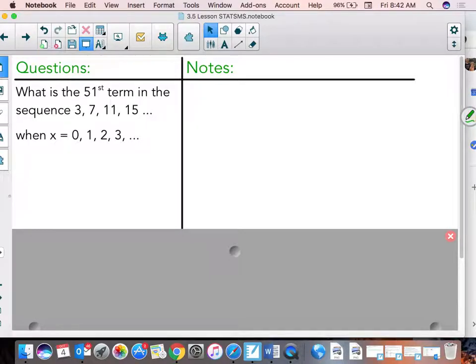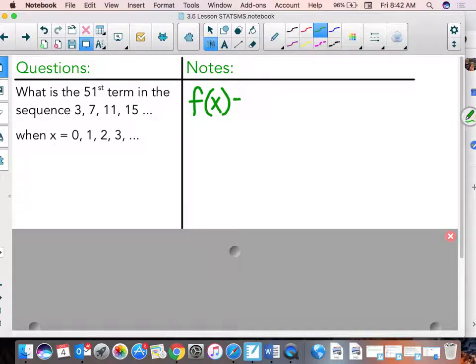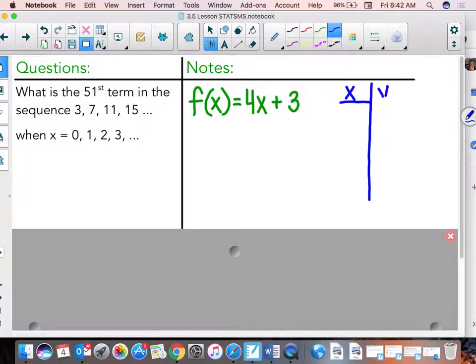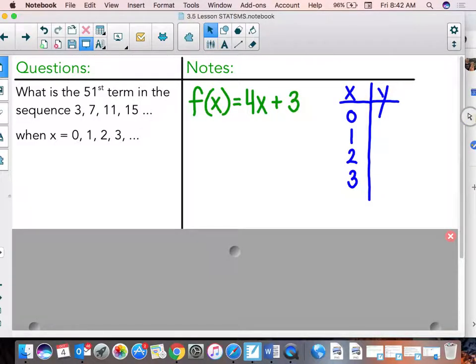So we want to use an equation to help us figure this out. The first thing we are going to do is write an equation just like we did on the last slide. So I'm going to look at my sequence. It looks like I am adding 4 each time. And the first number in my sequence is a 3. So let's remember from that table we made on the last slide, if x starts with 0, I want you to notice a pattern.